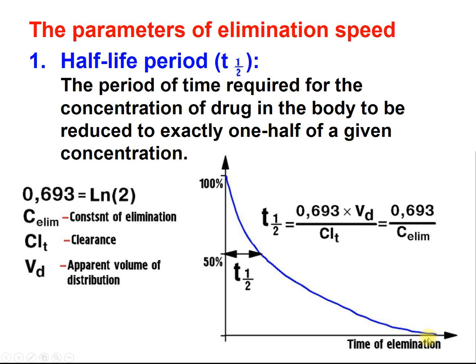Gradually the drug is eliminated and the concentration of the active substance decreases over time. If we take the initial concentration as 100%, the time point at which the concentration becomes 50%, or 1/2 of initial, is this point. The period of time which is required to reduce concentration by 50% is called half-life period.